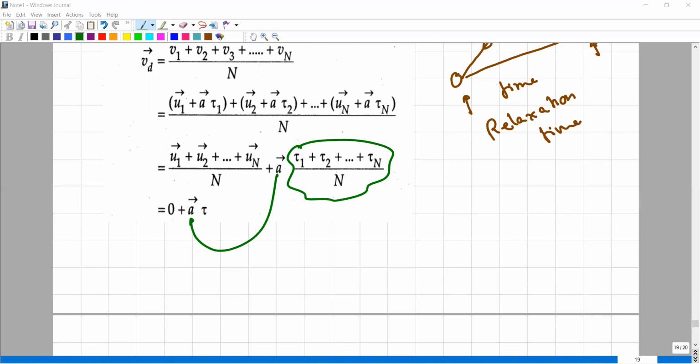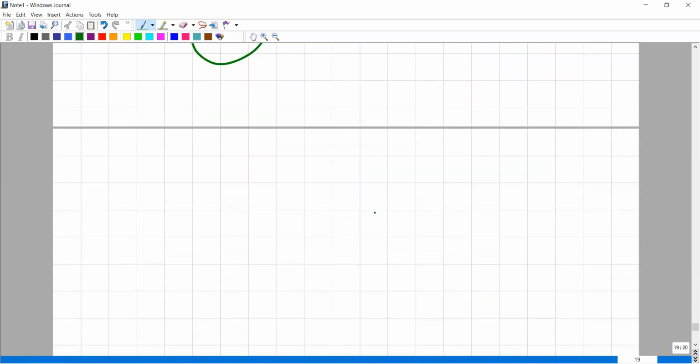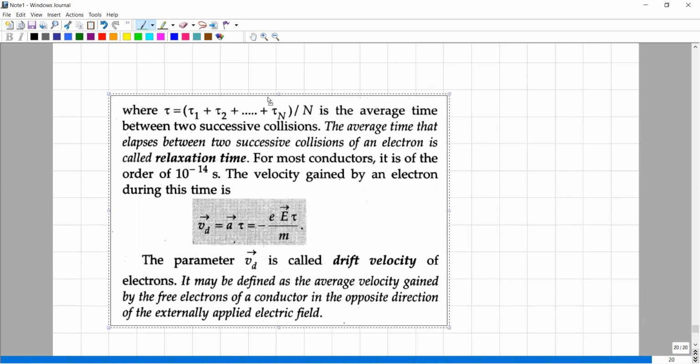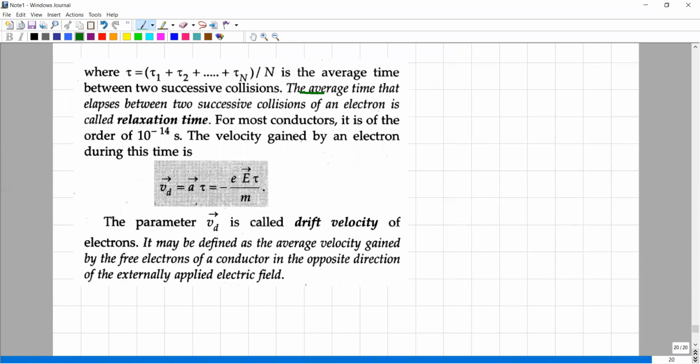Okay, so this is the average relaxation time of all the electrons. So this is the average time that elapses between two successive collisions of an electron, okay, this value here, the average relaxation time, and your drift velocity then will become acceleration into tau.